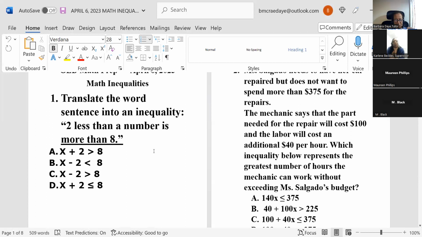Right. Okay. Keep going with your explanation. So I was saying, because the B has the 2 and the sign in front of it, and then the sign says less, and the mouth opens to 8, so that is more. 8 is more.